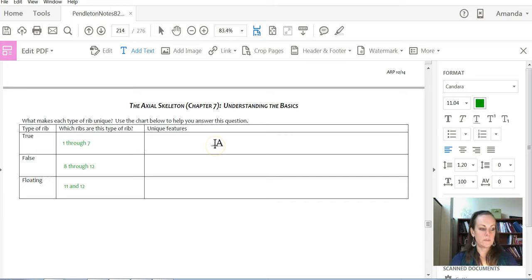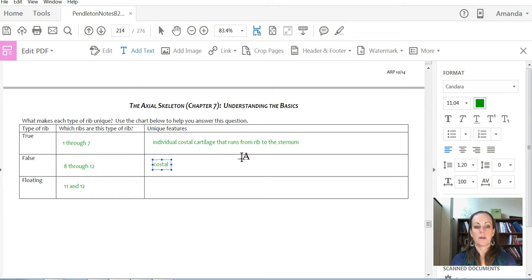True ribs mean that they have an individual costal cartilage that runs from the rib to the sternum. And the false ribs are going to have one of two things happen.